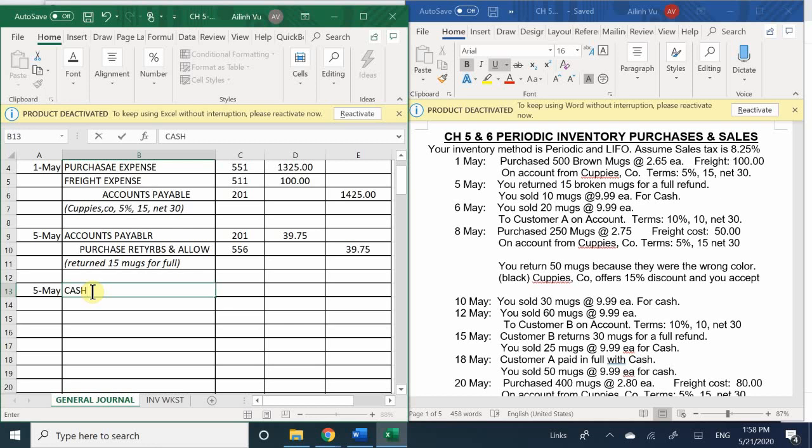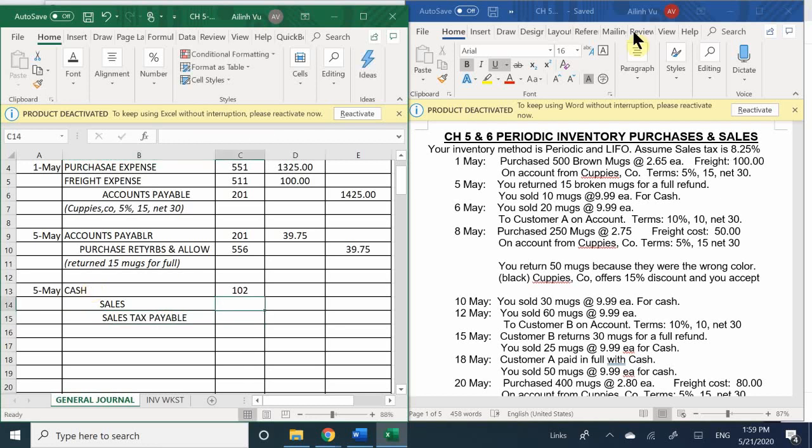Cash. All right. What else do we need to recognize? Sales and sales tax payable. That is right. All right.